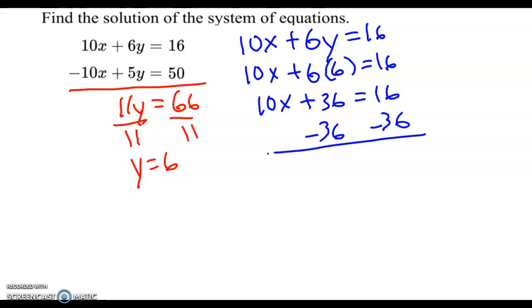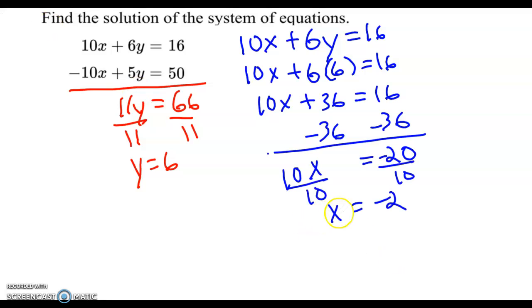Subtract 36 on both sides. And you get 10x is equal to negative 20. Now you're going to divide by 10. And x is equal to negative 2. So now we have an ordered pair. We got the x, which is negative 2, and the y. For some reason I put 10, which it is not. I'm going to fix that right now. It's 6.